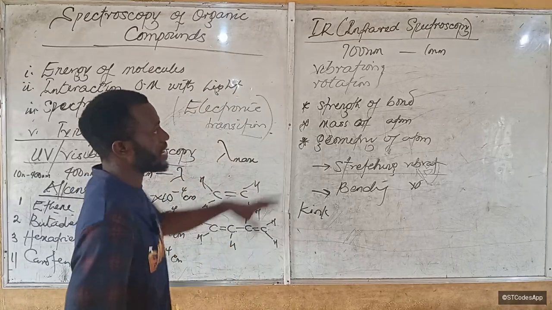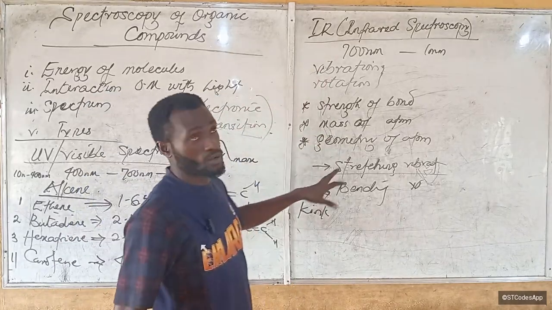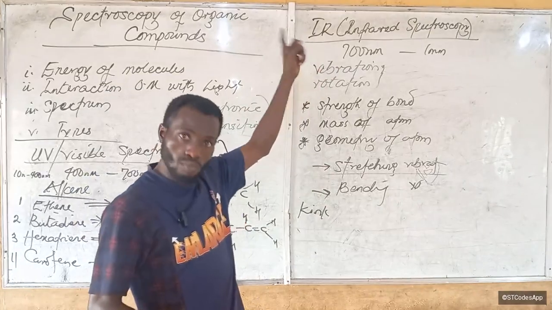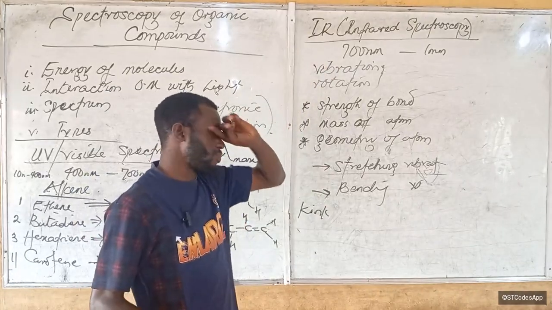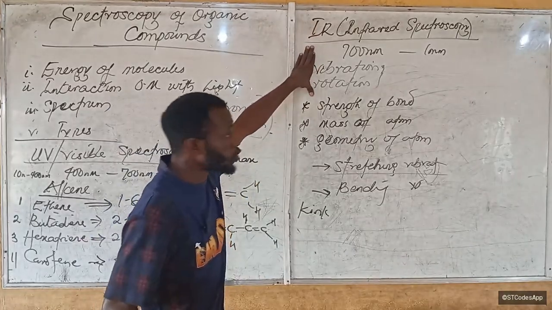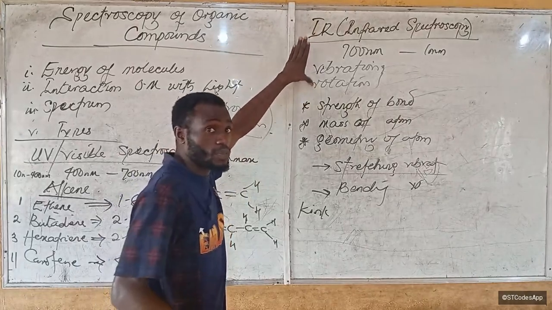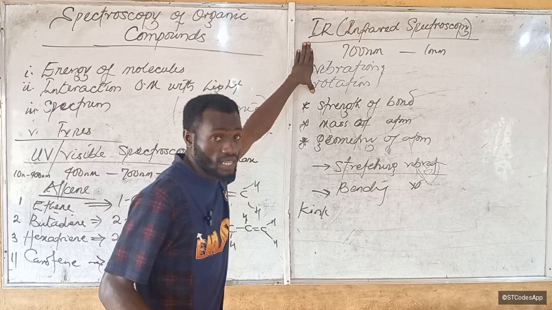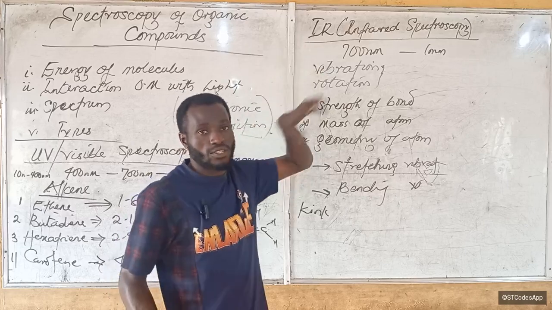All right, so these are the properties that it affects. The IR is more reliable because most organic compounds absorb significant amounts in this spectrum to be able to determine their structures.